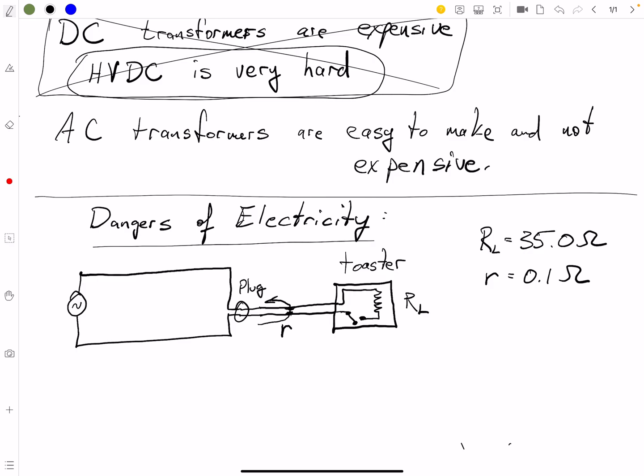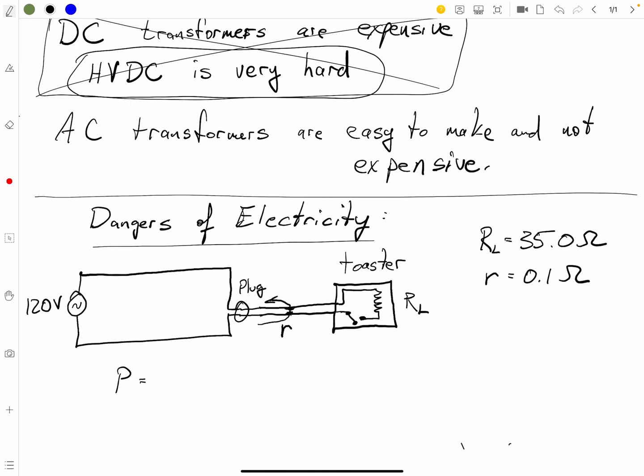That's the first thing. Second thing is we're going to talk about the power lost. So we've got power. Do you guys know what our normal voltage is for our houses? 120 volts. Okay, that's our VRMS.